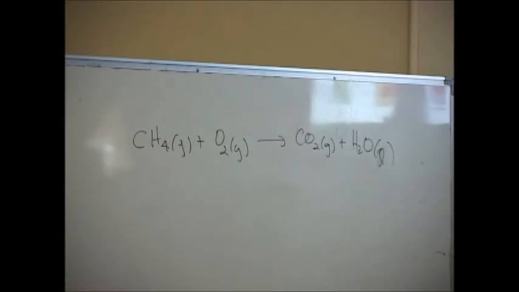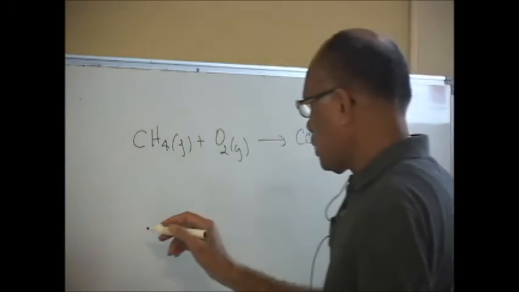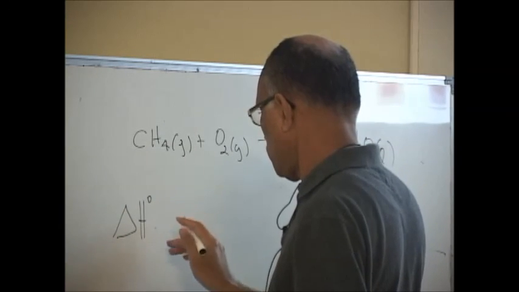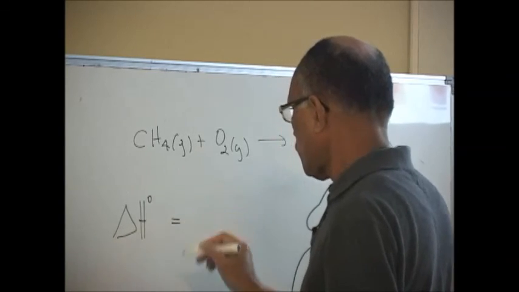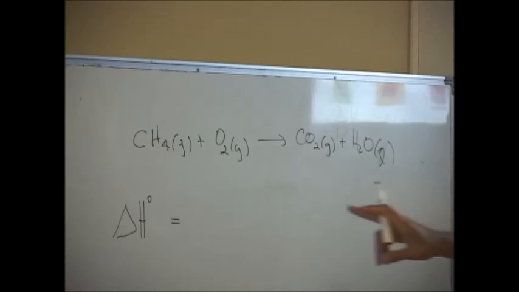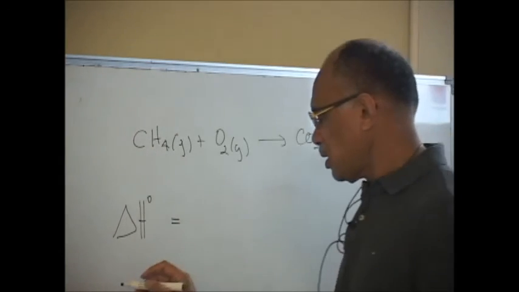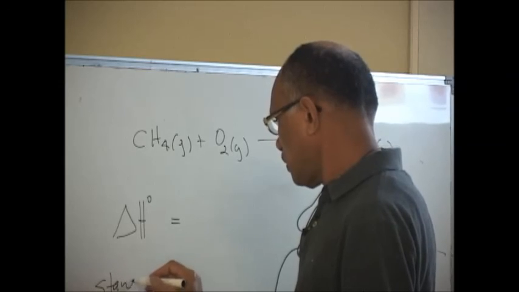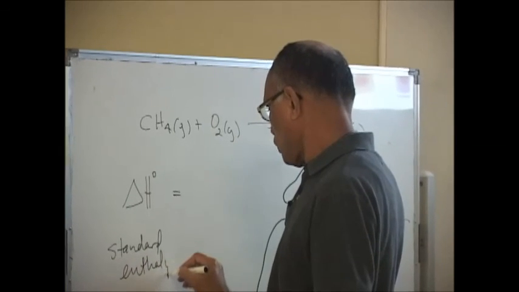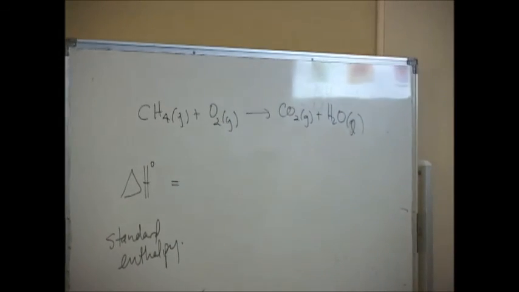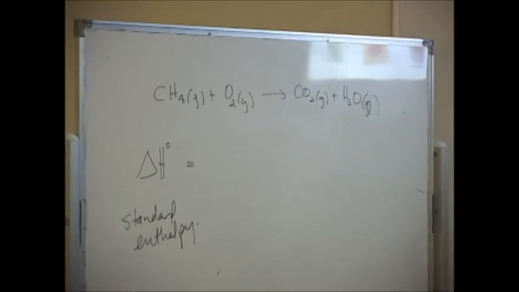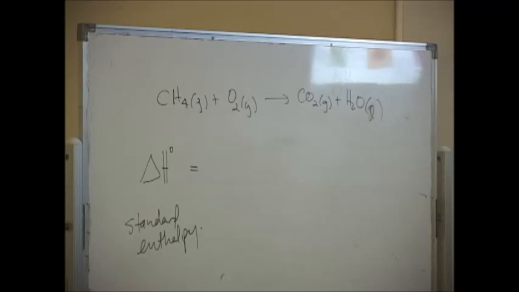So this is another representation of Hess's law, the enthalpy of reaction using that superscript. Superscript means the standard enthalpy. Standard enthalpy is calculated under standard condition, which is 25 degrees Celsius and 1 atmosphere pressure.